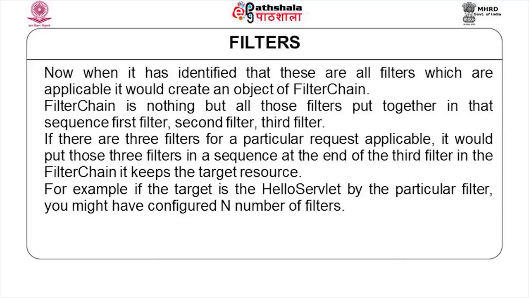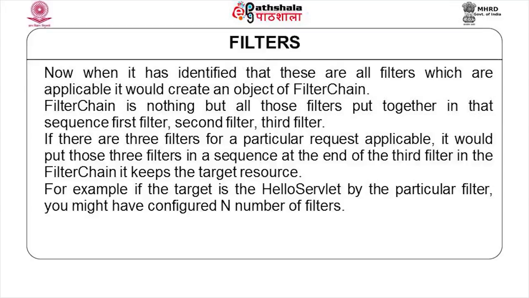So, filter chain always has a sequence of filters, and after the last filter it keeps the target resource. Let us say, for example, our hello servlet is being targeted. You might have configured 5-6 different filters in our application, but for this URL maybe 3 of those have qualified.